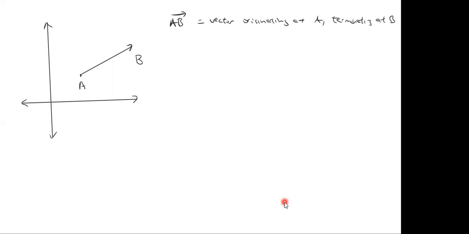Now, because I don't want to use the letter A or B, because they would generally represent the position vector A and the position vector B, I will just say we can still give it a letter. I'll call it C here. So it could be any of the other things we talked about earlier.